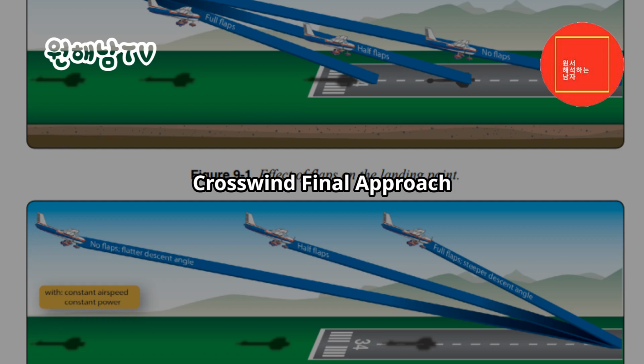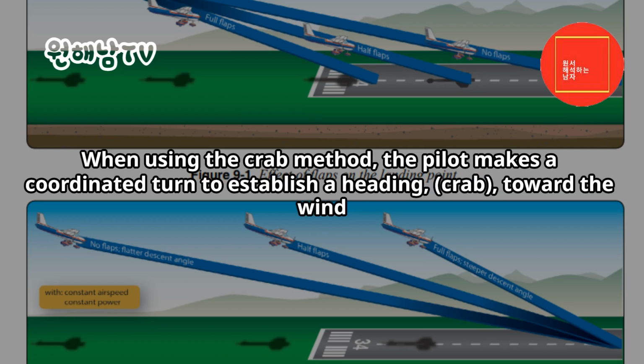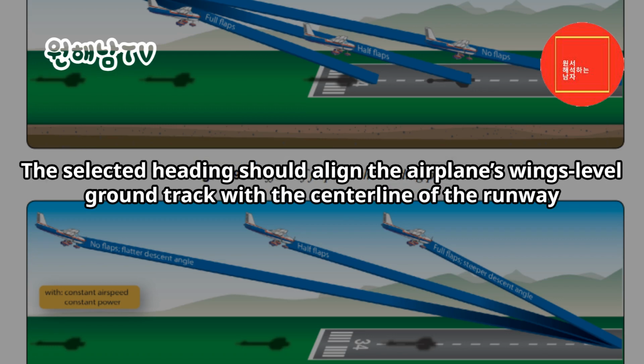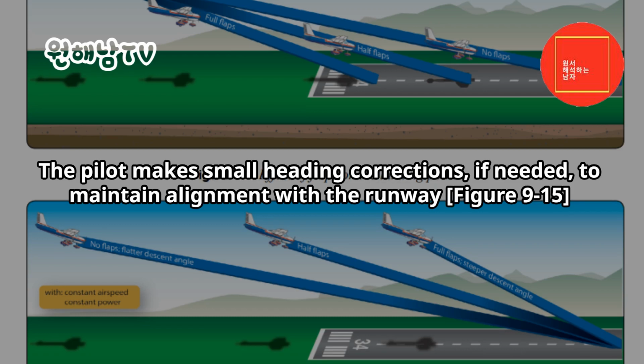Crosswind final approach. When using the crab method, the pilot makes a coordinated turn to establish a heading, a crab, toward the wind. The selected heading should align the airplane's wings-level ground track with the centerline of the runway. The pilot makes small heading corrections, if needed, to maintain alignment with the runway. Figure 9-15.